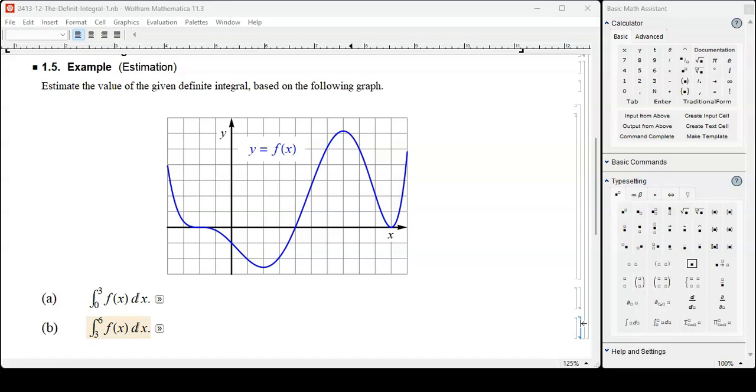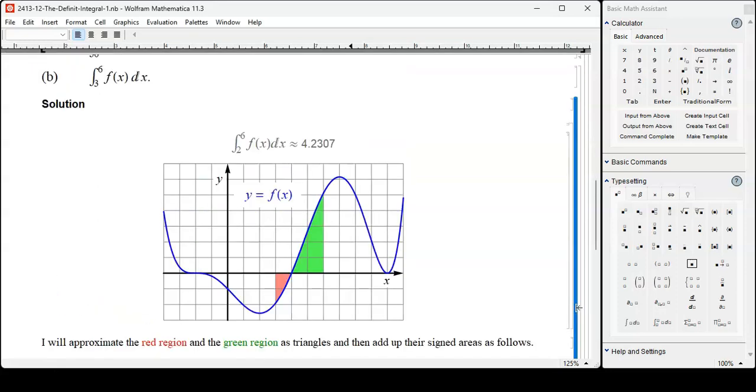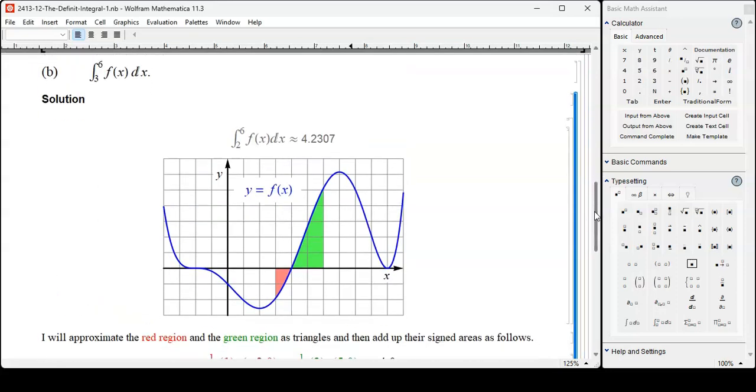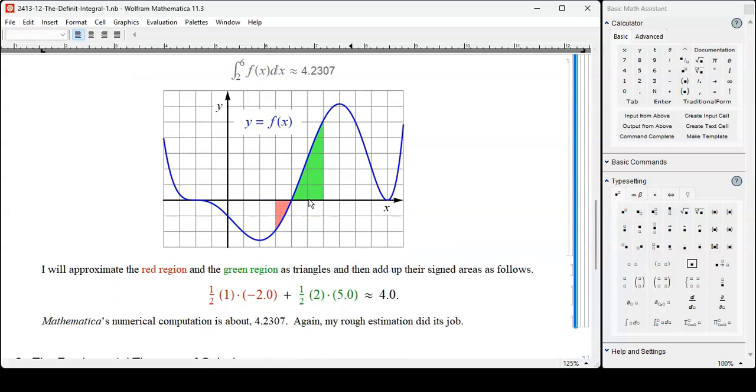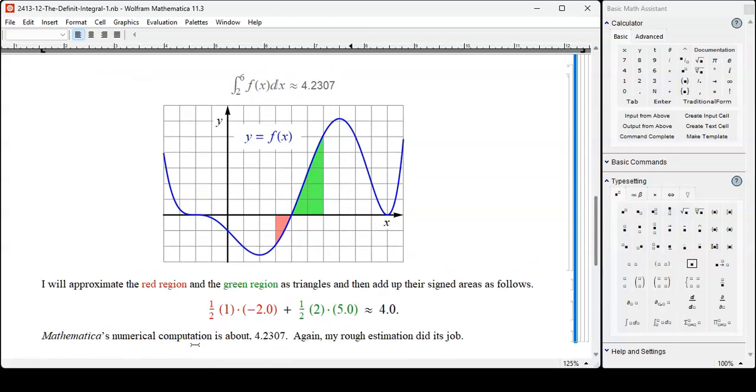Okay, we went out of the graphing mode. And here we go. We have this triangular region, more or less, and this triangular region. The red part is negative, the green part is positive. And if you add those up, -1 plus 5, approximately speaking, so about 4.